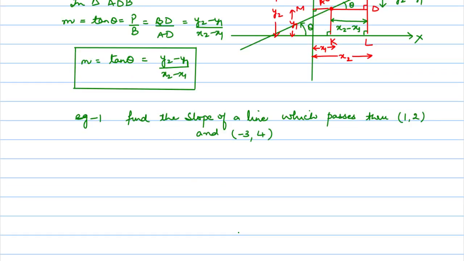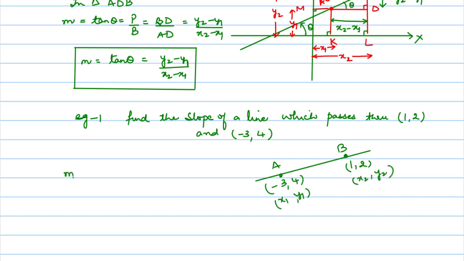That is, our line is passing through 2 points. Let's say this point is 1, 2 and this point is minus 3, 4. You can assume any of them as x1, y1 and the other one as x2, y2. Let's say we take this one as x1, y1.